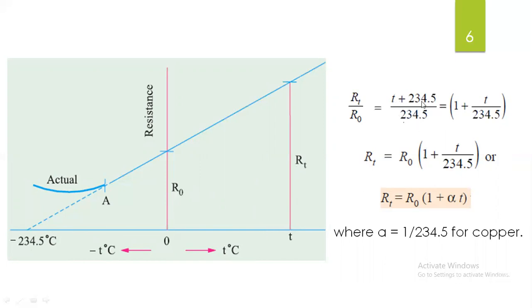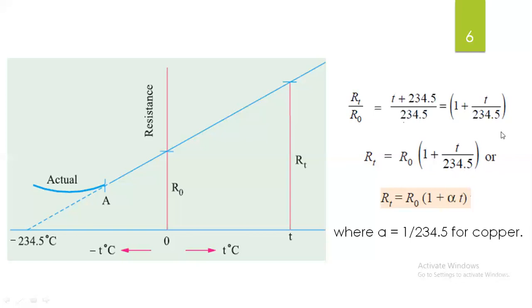In the denominator is R0, at 0 degree Celsius, where the magnitude from this point is only 234.5. Dividing each term by 234.5, you get 1 plus t upon 234.5. Adjusting this equation for RT, RT equals R0 into 1 plus t upon 234.5.